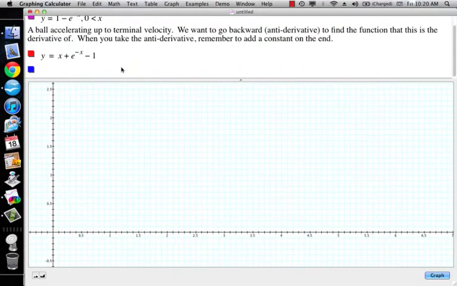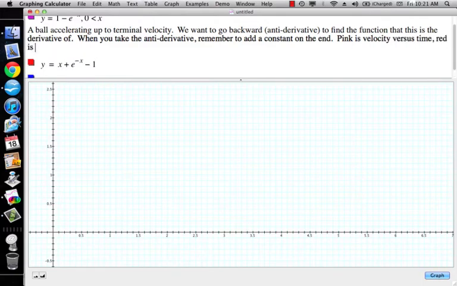So pink is velocity versus time. Red is distance versus time. Blue is acceleration versus time.